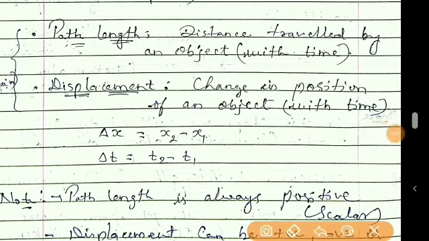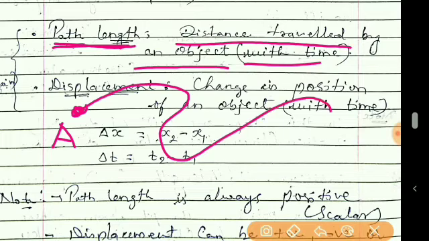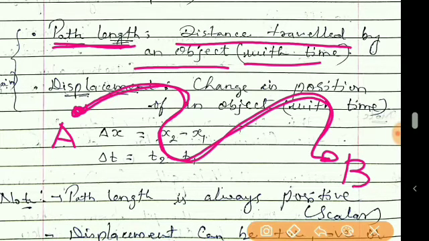Now path length is the distance traveled by an object with time. Suppose from this position, that is point A, an object is moving on this path and reaches point B, so this is called its path length. But displacement is only the change in position.